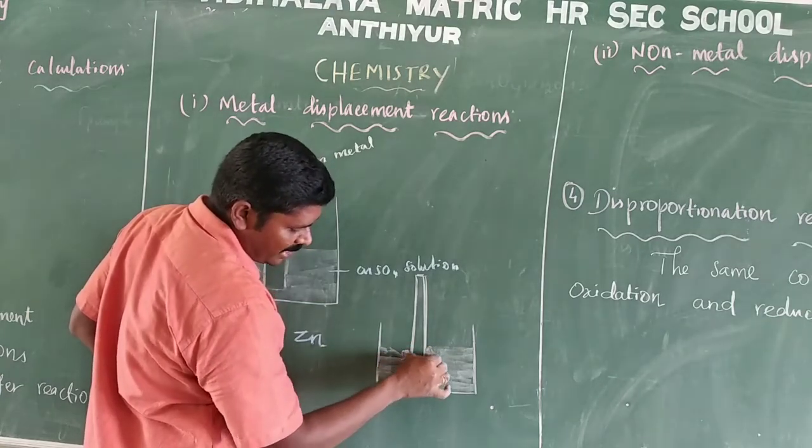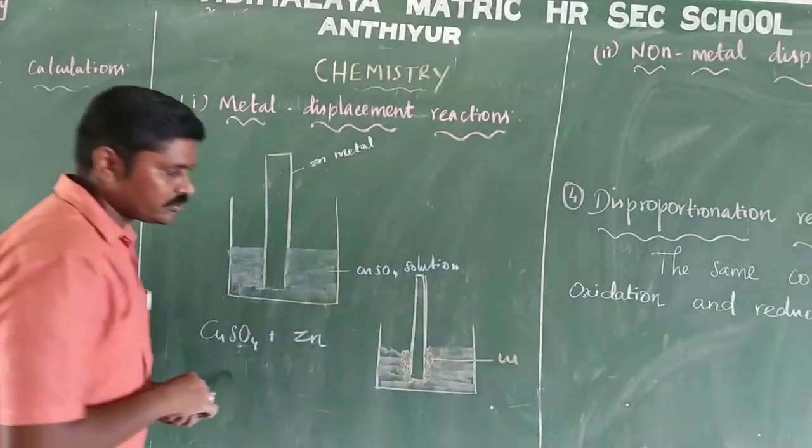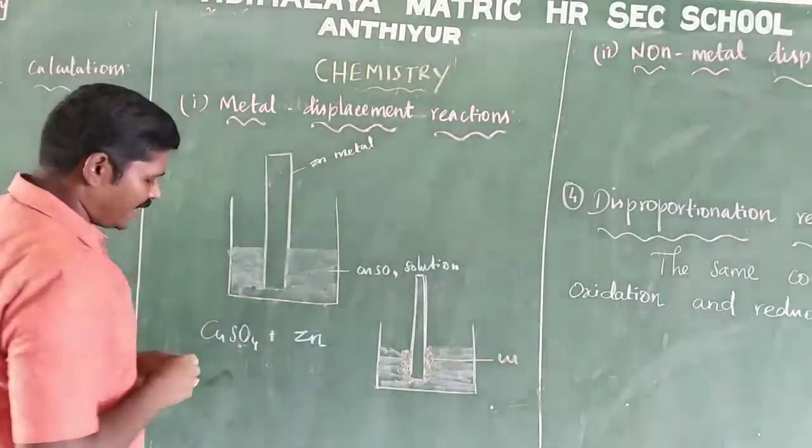The zinc metal strip becomes coated with bronze-colored copper metal. This reaction is a metal displacement reaction.